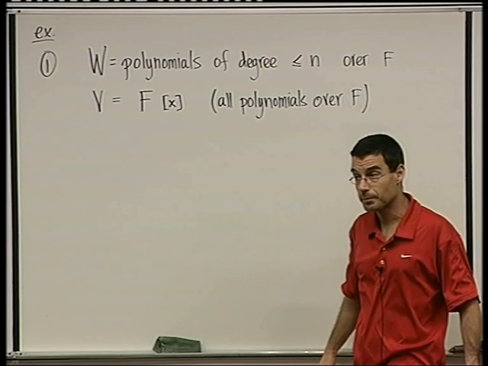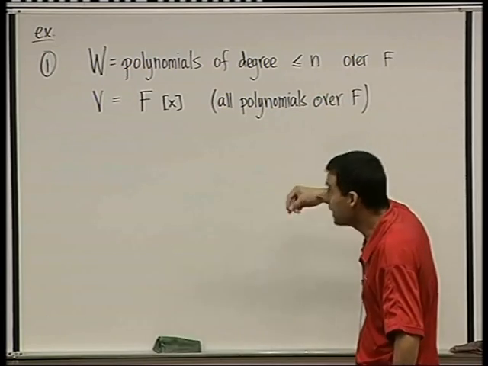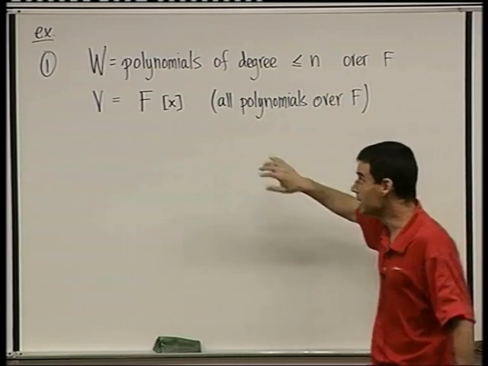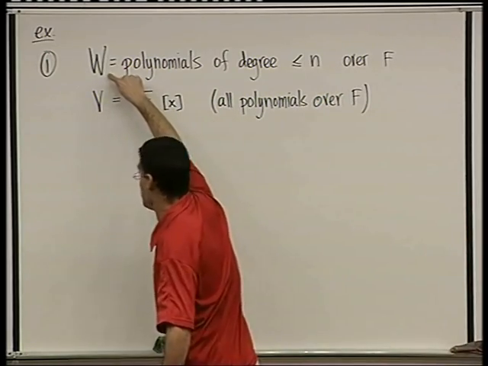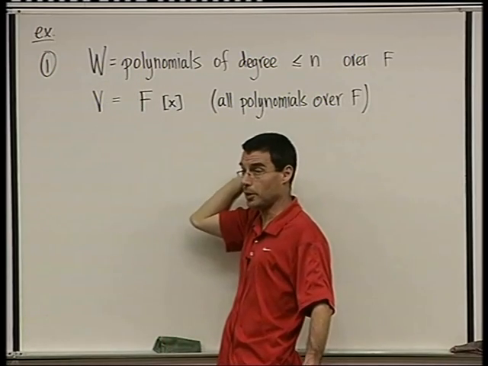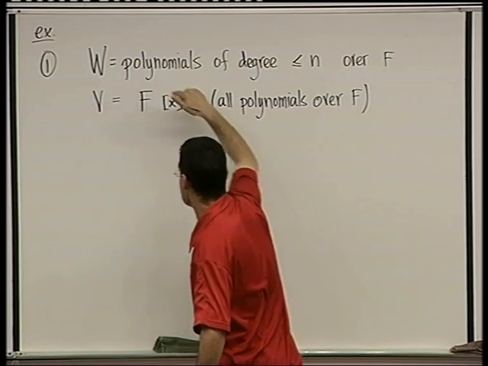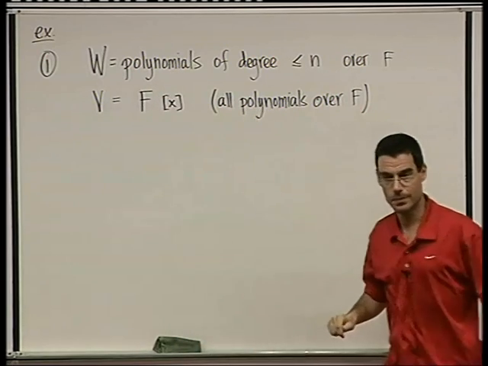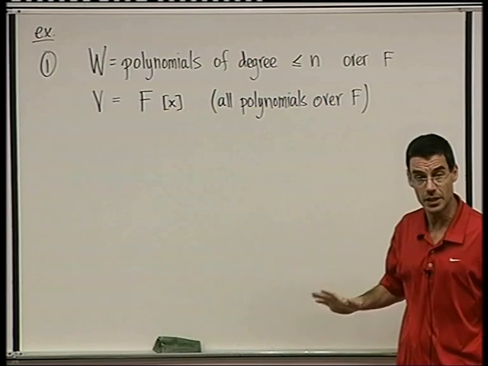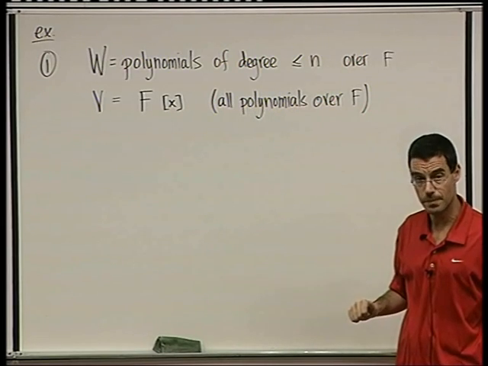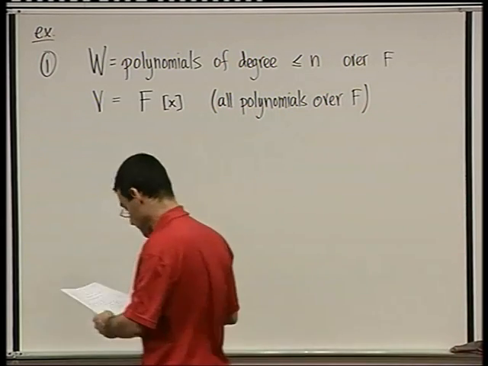Do you agree? So you need to verify each of the properties and agree that this set W, which is a subset of V, it's not all the polynomials, it's only some of them, but it's again a vector space with respect to the same operations. Good? Is the idea clear of what a vector space is? Okay, let's do some more examples.